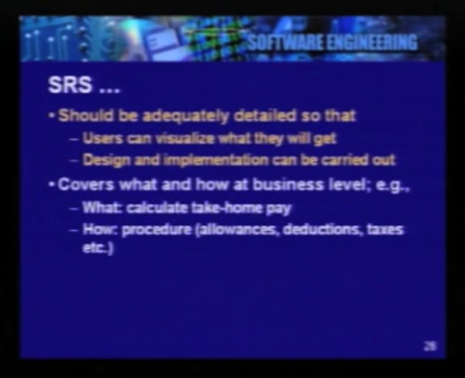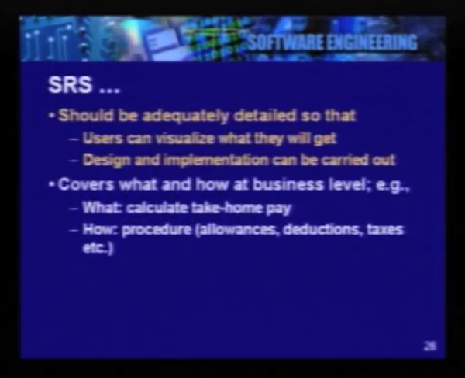It generally would cover all the business rules at various levels of detail. For example, the purpose is to calculate the take home pay. Then what is the business procedure for doing that? What are the allowances, deductions, taxes, rules for calculating taxes and so on.